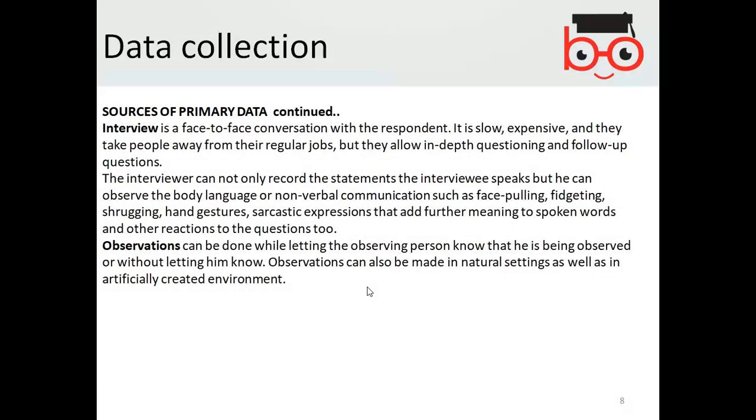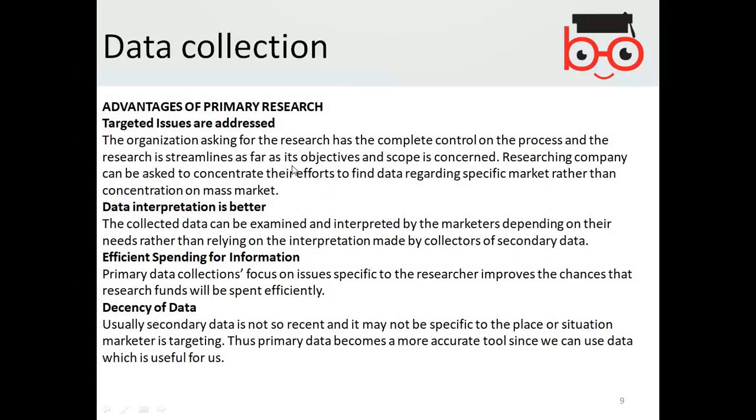Now we will discuss the advantages of the primary data. The targeted issues are addressed. One of the advantages of primary research is that the targeted issues are addressed. The organization asking for the research has complete control over the process, and the research is streamlined as far as its objectives and scope are concerned.